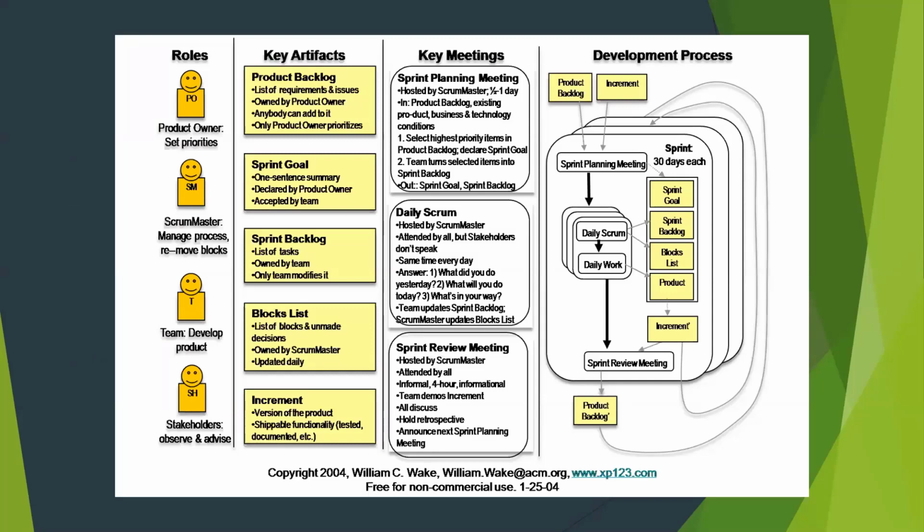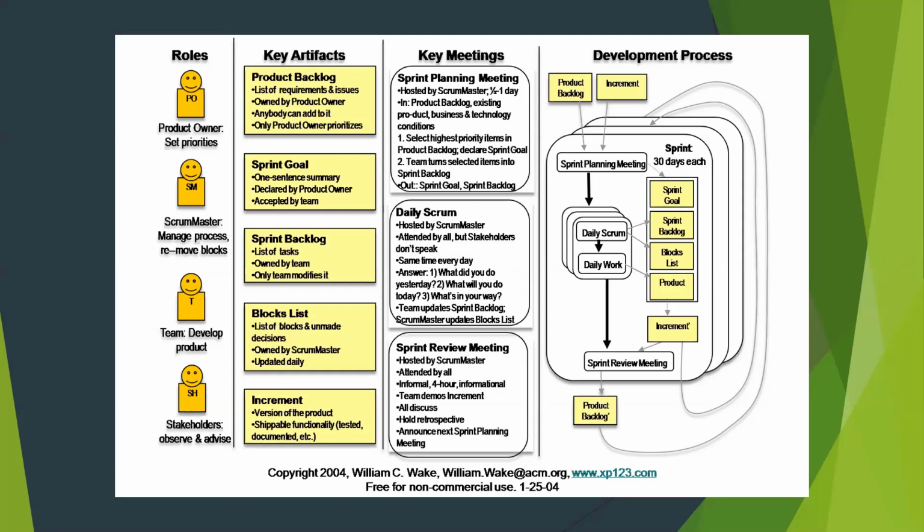Just like we had artifacts related to the waterfall approach, this slide is meant to outline what those key artifacts are and what the roles are that are involved in a sprint type of project. So you have your product owner, which is generally somebody from the business who owns the requirements and sets the priorities on the requirements that need to get delivered next. The Scrum Master is meant to manage the process and remove any roadblocks that team members might encounter.